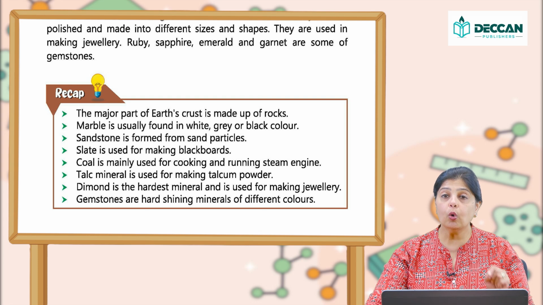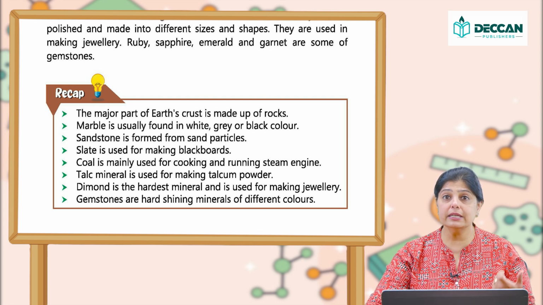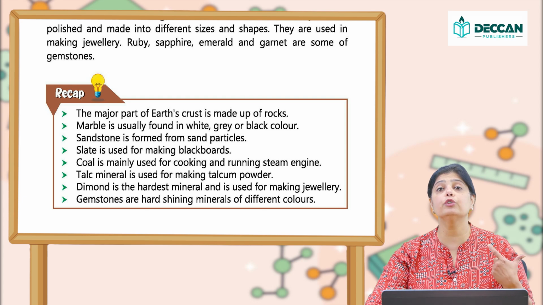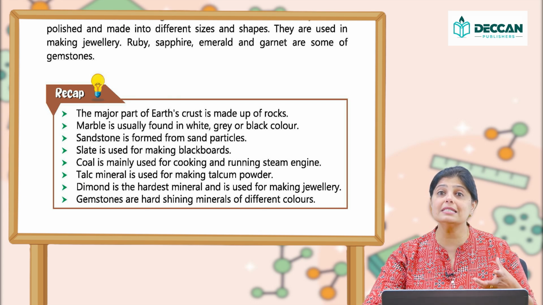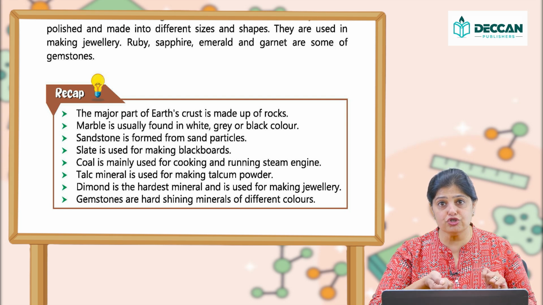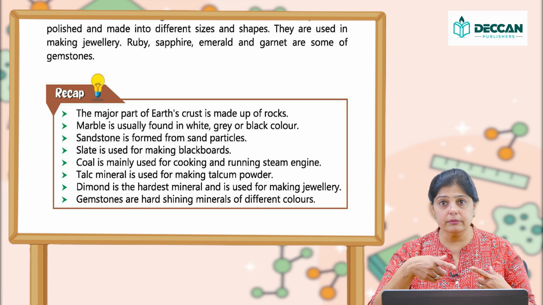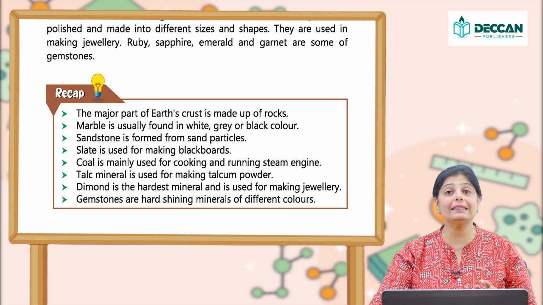Coal is mainly used as a fuel, for cooking and for running steam engines. Earlier, when there were no electric trains, the train used to run on steam generated using coal. The coal used to be put in the engine of the train and then the train used to run. Then, talc mineral is used for making talcum powder.